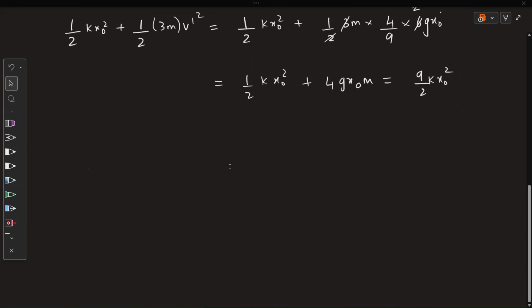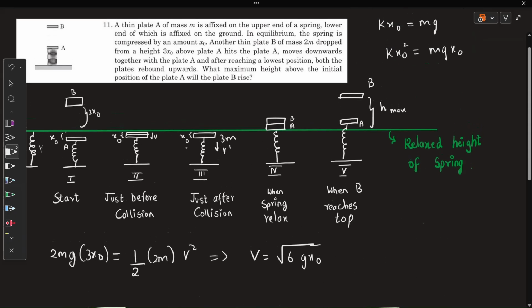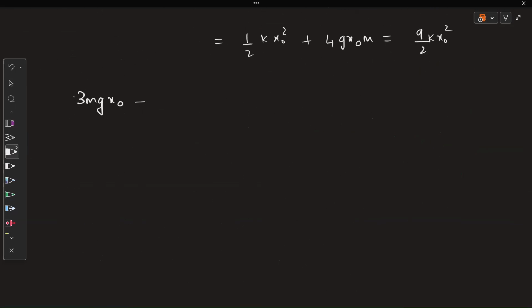Now let's calculate the energy in the fourth case. Both have some velocity, right? And the spring is relaxed. Both have some potential energy too. So the potential energy is 3 mg into x naught, correct, because we are keeping this as a reference line, so it is x naught above. And both have some kinetic energy, so half into 3m into v square. Let's consider v2 square, which equals 9 by 2 k x naught square.